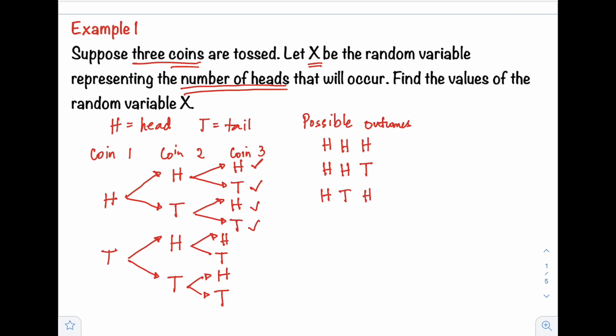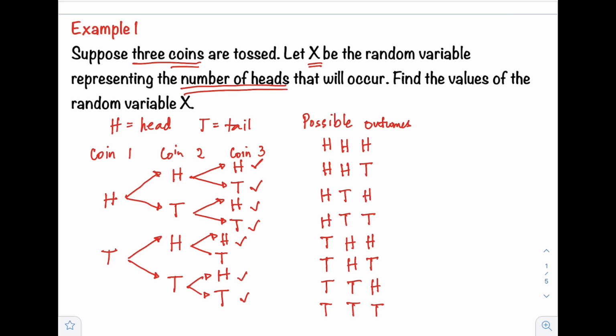Then, pang-apat, we have head, tail. 5, we have tail, head. Then sa 6 natin, we have tail, head, tail. Sa ating 7 and 8 naman, we have tail, head, and tail.